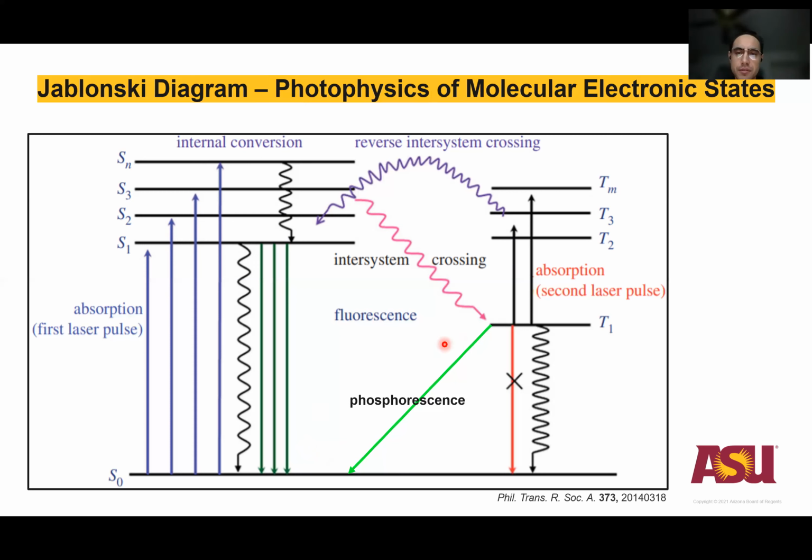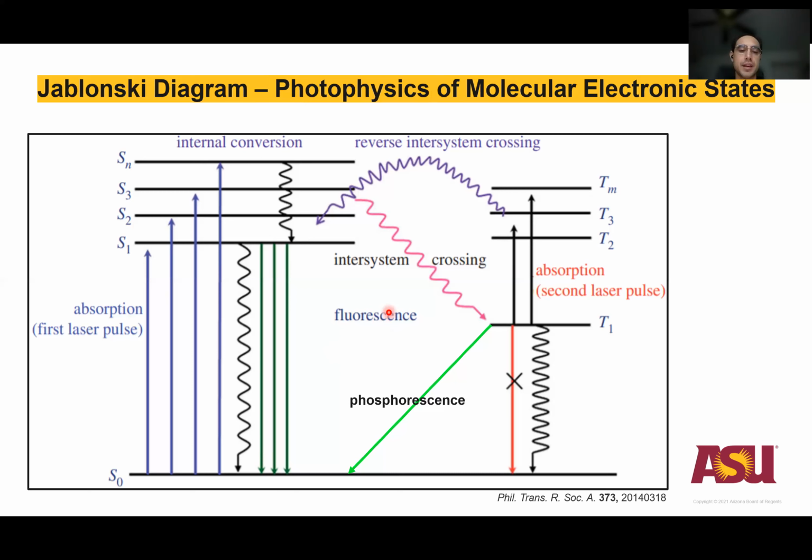And then you could also spin flip back to the singlet excited state through a process called reverse intersystem crossing. And then you could either decay back down to the singlet ground state through internal conversion again, or you can relax back down to the ground state radiatively through fluorescence again.